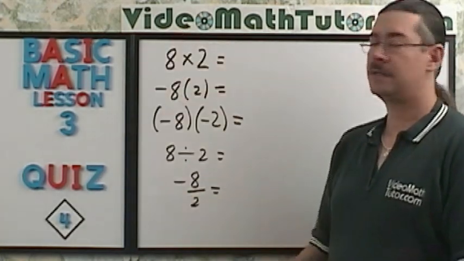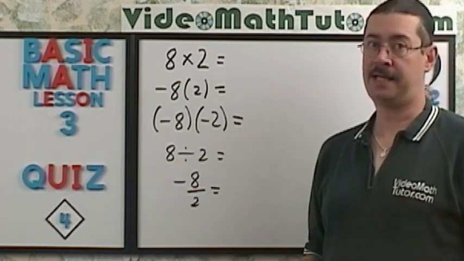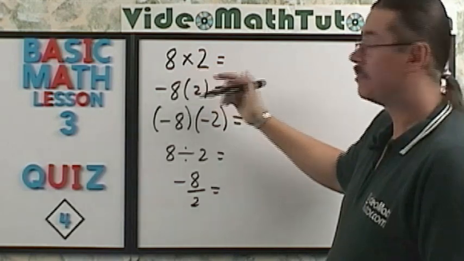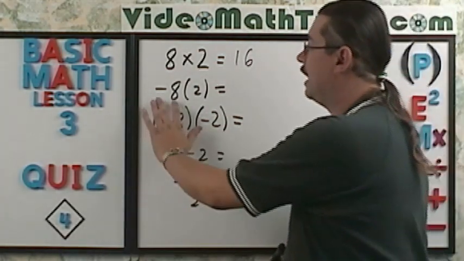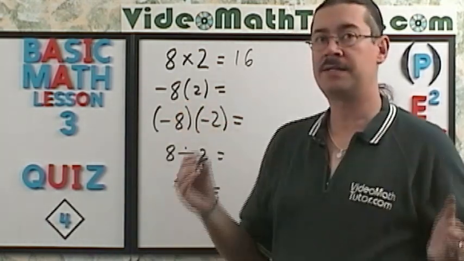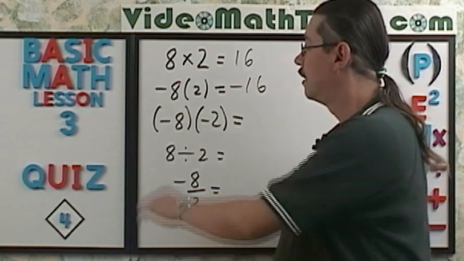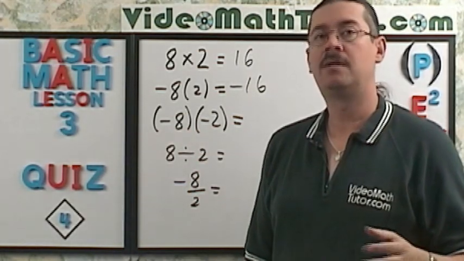Now these problems here are some practice on using our rules of multiplication and division using positive and negative numbers. 8 times 2, positive times a positive is a positive, so I'm going to get 16. Negative 8 times 2, the signs are different, the answer is negative. So it's negative 16. Negative 8 times a negative 2, what's the rule?